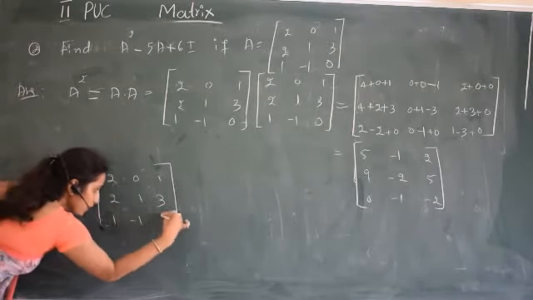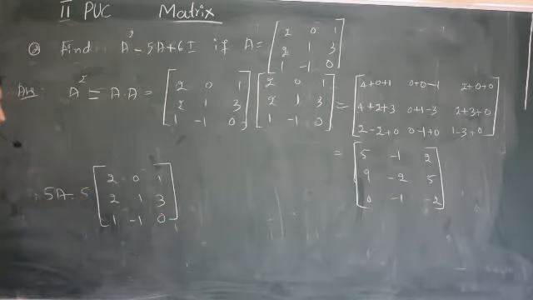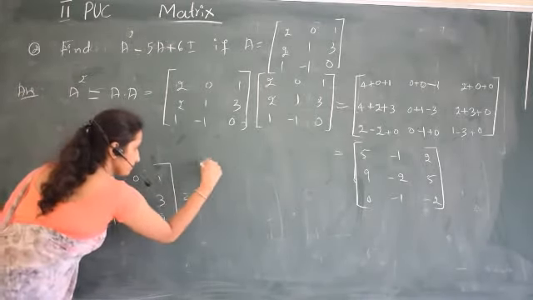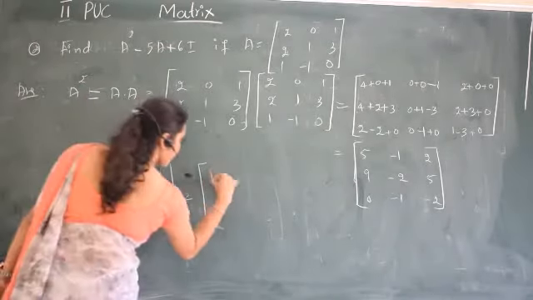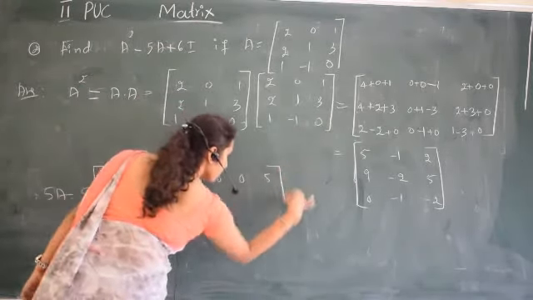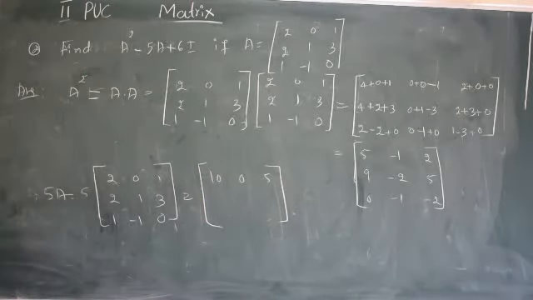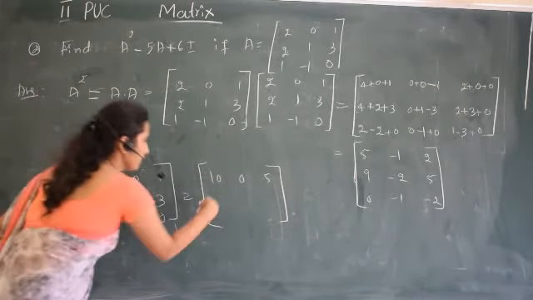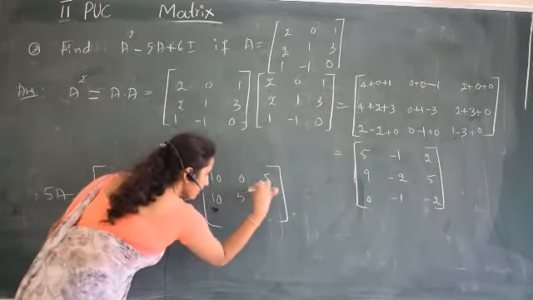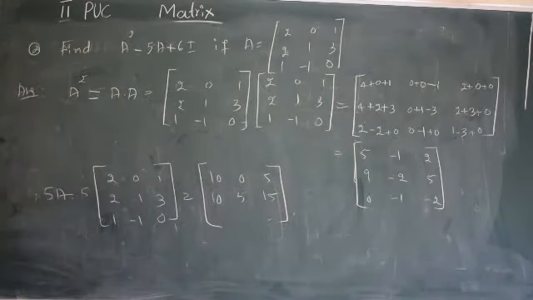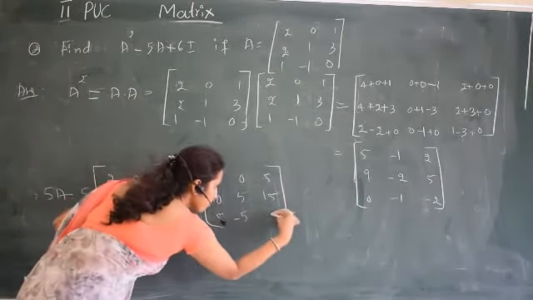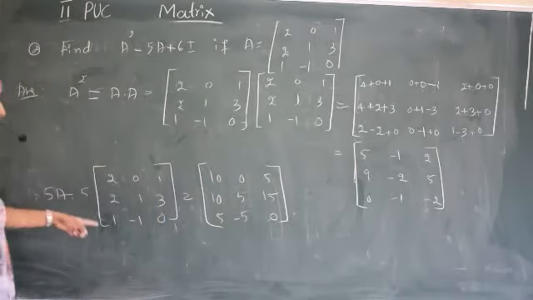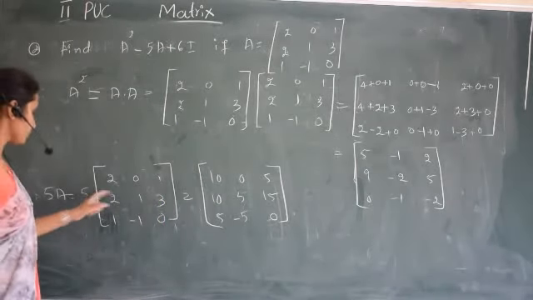Each element is multiplied, so 5A is 10, 0, 5; 10, 5, 15; 5, minus 5, 0. This is the matrix.